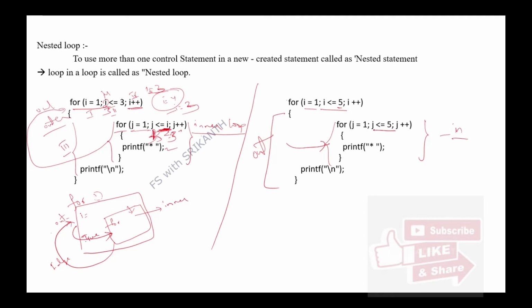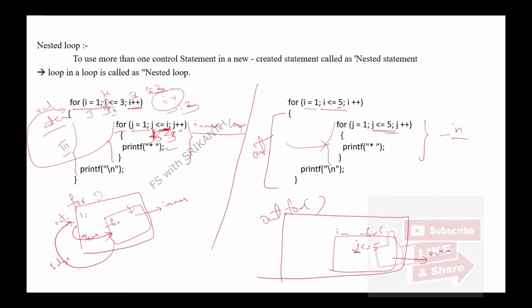Here the j condition, j <= 5, is fixed. So this is the outer for loop and this is the inner for loop, right? Here j <= 5 means j iterates 5 times.